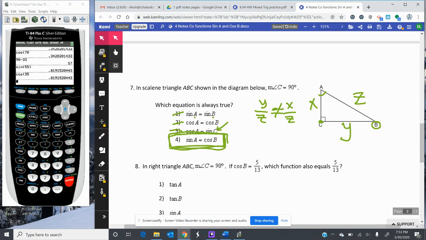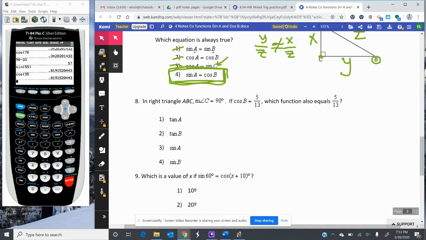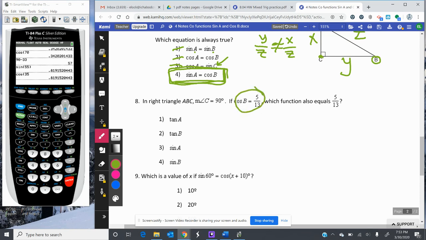Moving down to the next example. Now this picture we can actually sketch out, and this is a strategy that we're going to come across in a few other of these more advanced questions in the next few classes worth of content. Cosine B equals 5 to 13.